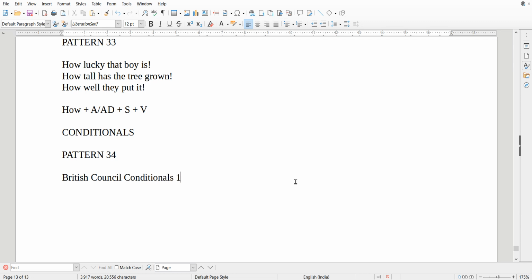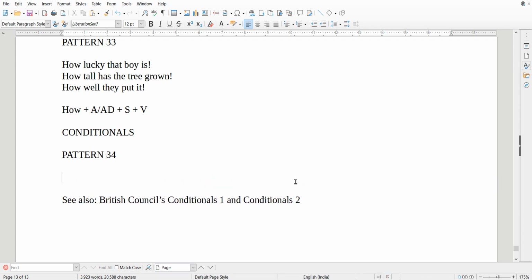So these are pages on the British Council website.